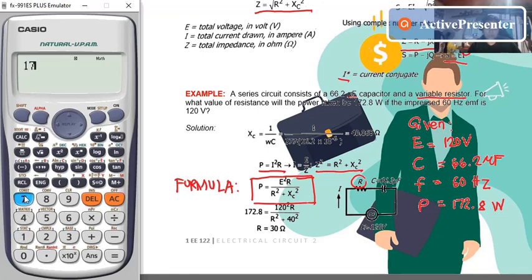We need 172.8 watts. Press alpha solve with the equals sign. We have values for everything: 120 squared. Our unknown is R, so we can use alpha x divided by alpha x squared plus 40 ohms for XC squared.